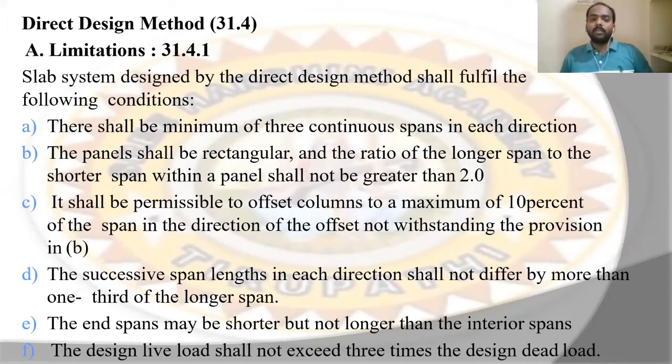It shall be permissible to offset columns to a maximum of 10% of the span in the direction of the offset. Successive spans in each direction shall not differ by more than 1/3 of the longer span. The end spans may be shorter but not longer than the interior spans. The design live load shall not exceed 3 times the design dead load. These are the limitations of the direct design method.